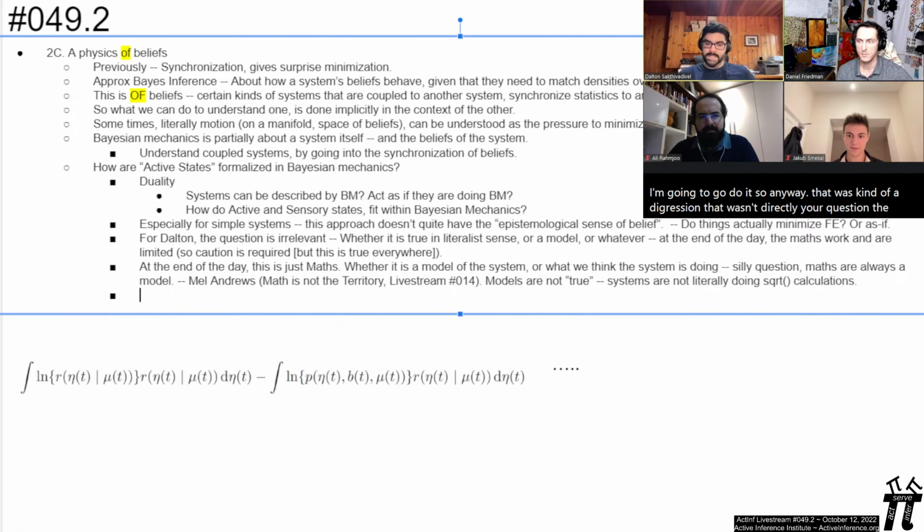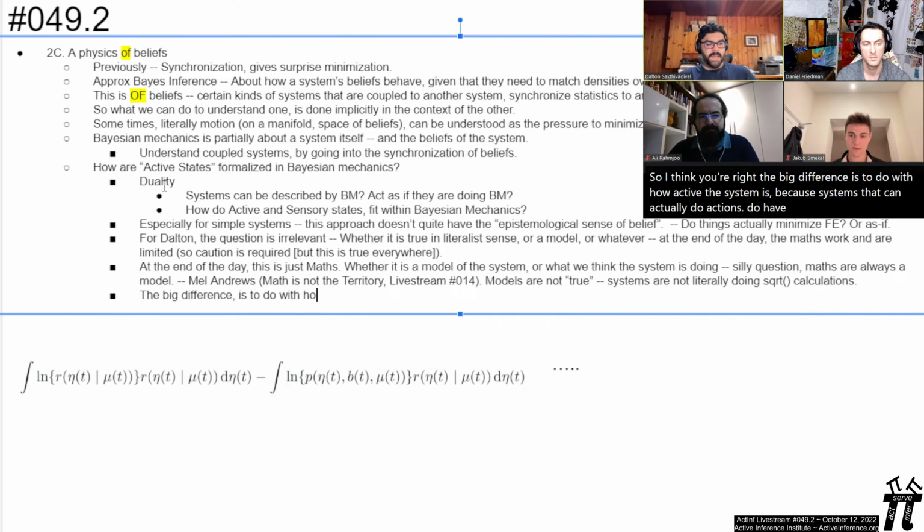The reality is, yes, it is a kind of mathematical trick, and the maths works, but it doesn't always tell the satisfying conceptual story that we want to hear. So I think you're right. The big difference is to do with how active the system is, because systems that can actually do actions do have a use for storing representations.